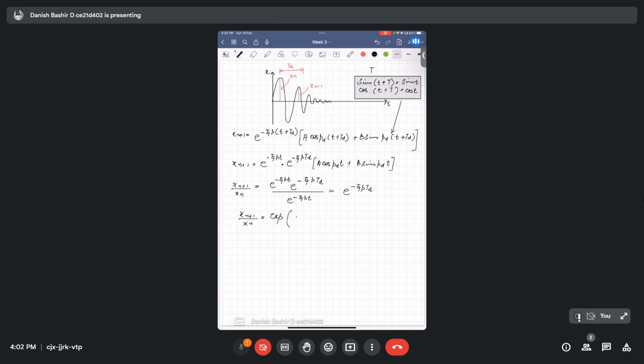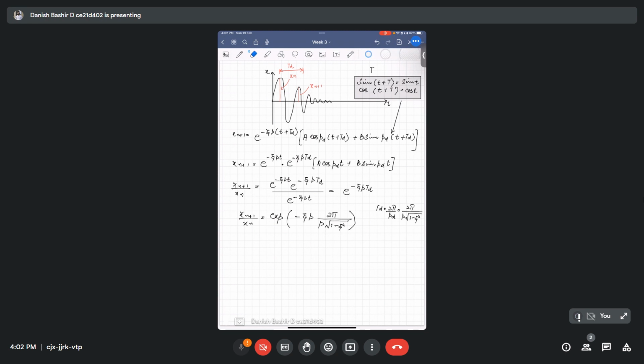Minus theta p, and td we can write as 2 pi times p root 1 minus theta square, because td is equal to 2 pi by pd. The damped period in terms of natural is p times root 1 minus theta square. You have to remember all these terms.